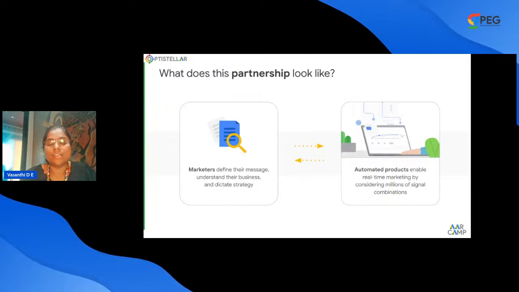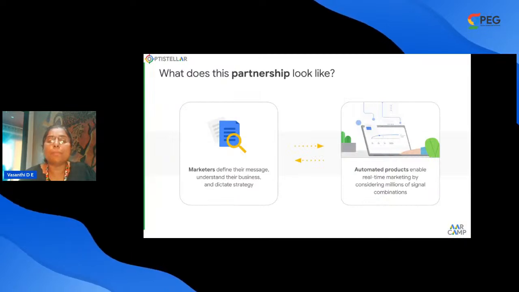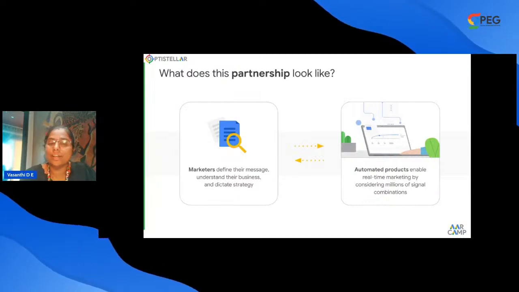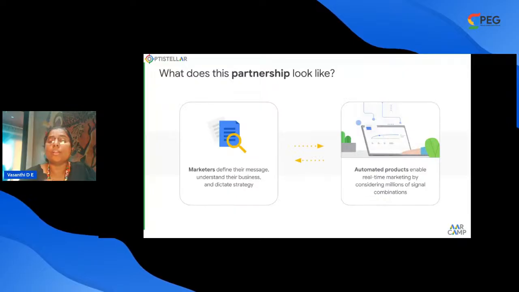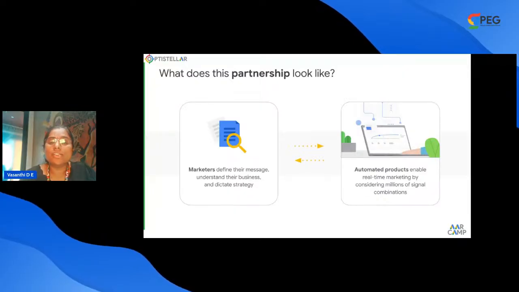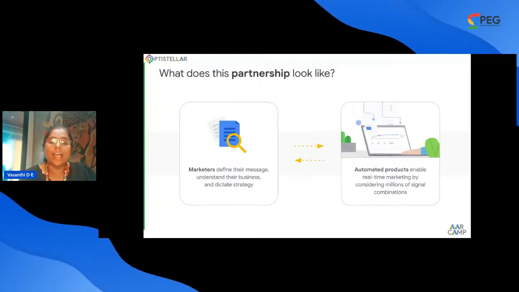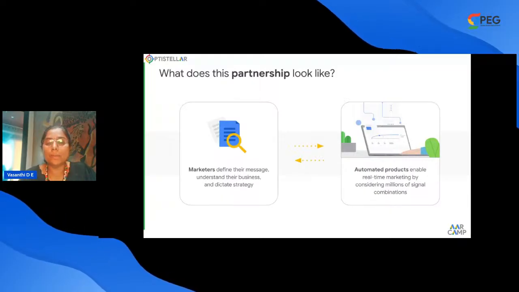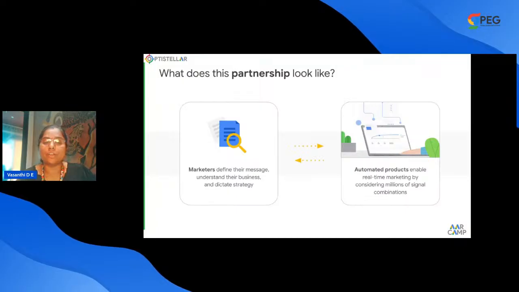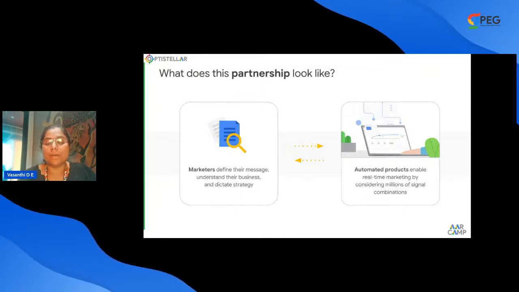This helps you understand how users behave much better than a person could on their own. So the marketer says what the message is and what the strategy is to achieve their business goals, and the AI tools help understand the people you're trying to reach. By working together, they can make a good marketing plan that gets better results.